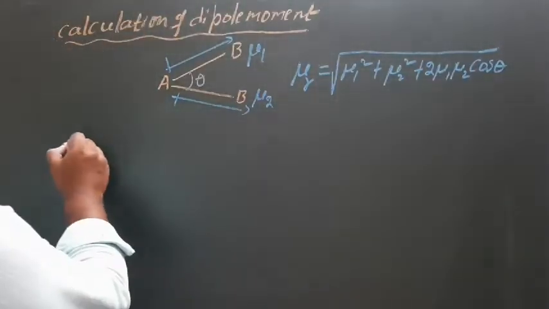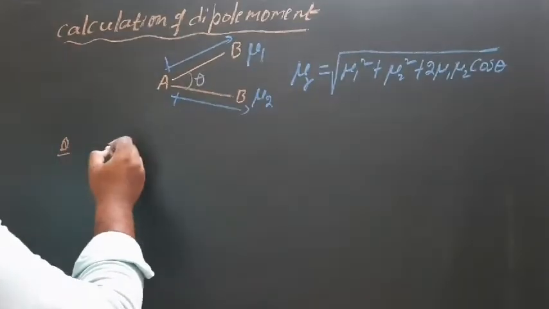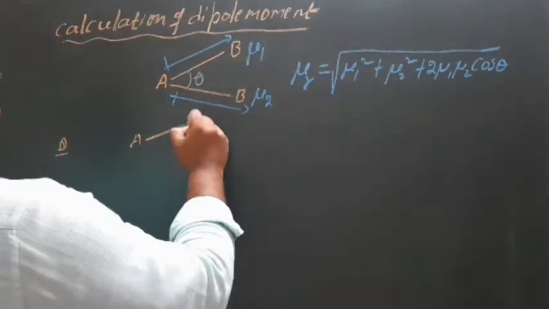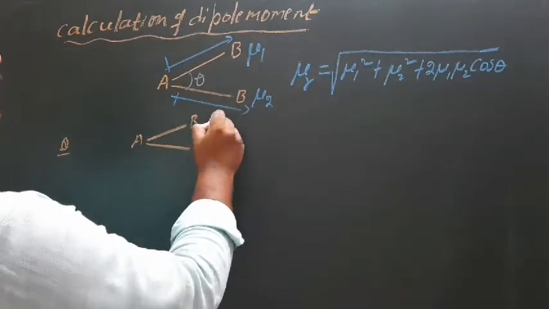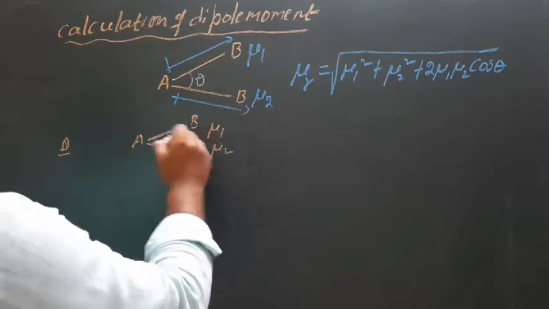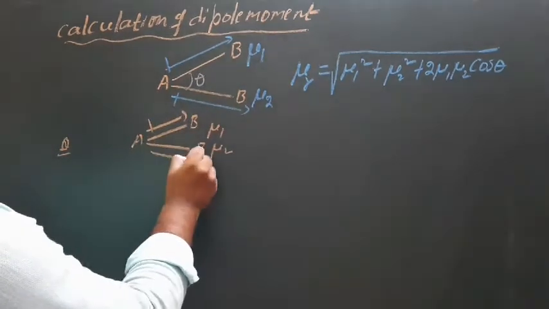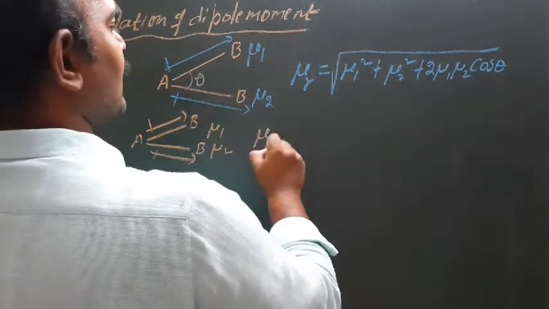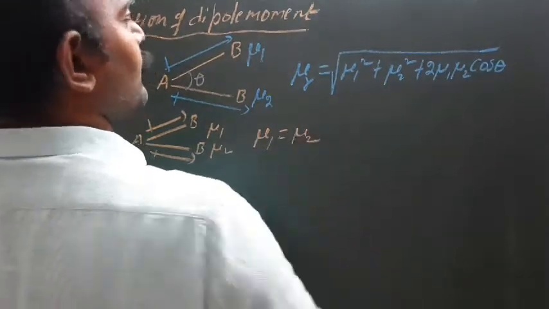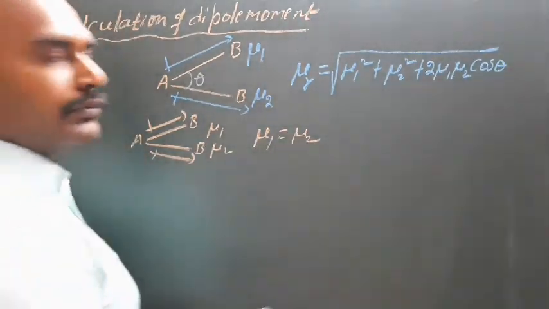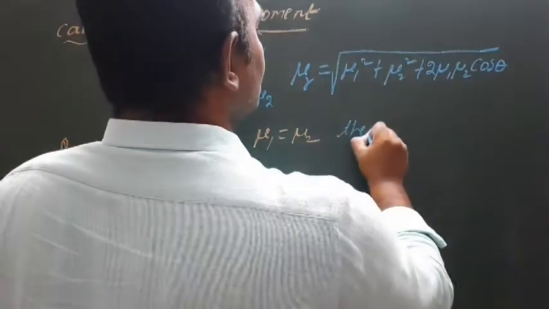Now see one simple question. In the same molecule, your bond moment is mu1 and your other bond moment is mu2. The question gives mu1 is equal to mu2.